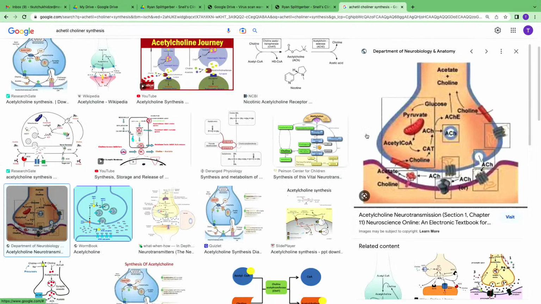Yeah, for example, like this photo. Can you see it well, guys? So see, this is one of our nerves, the preganglionic, and this is our postganglionic, right?